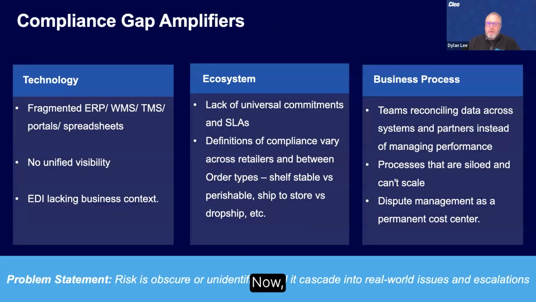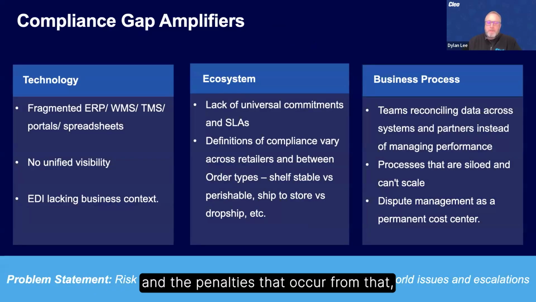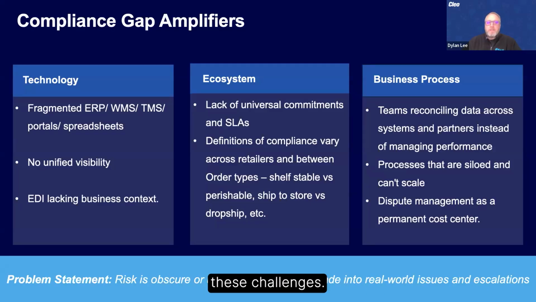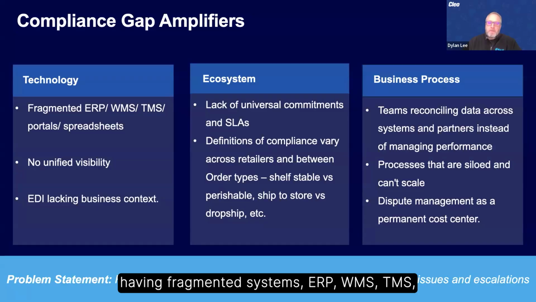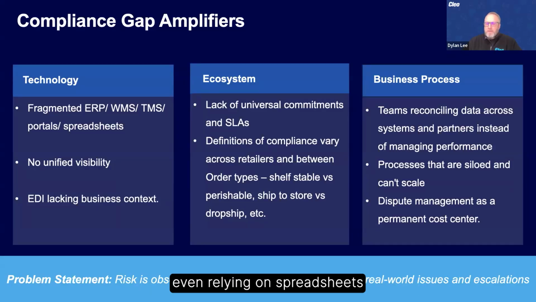Okay, now apart from just the compliance gap and the penalties that occur from that, there are things that amplify these challenges, right? Issues with technology, having fragmented systems, ERP, WMS, TMS, retail portals, even relying on spreadsheets to do business with certain partners. These things create gaps and white space in processes that really need to be orchestrated and seamless from an end-to-end perspective.